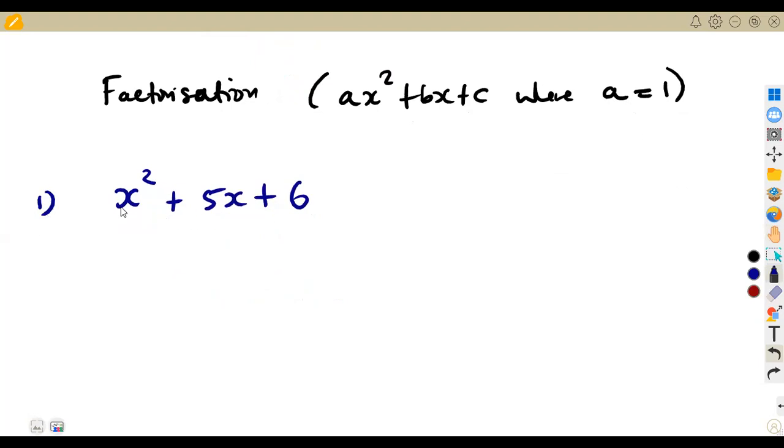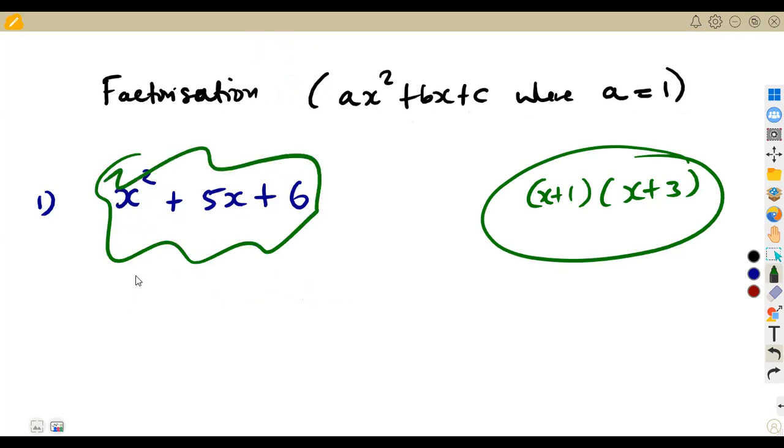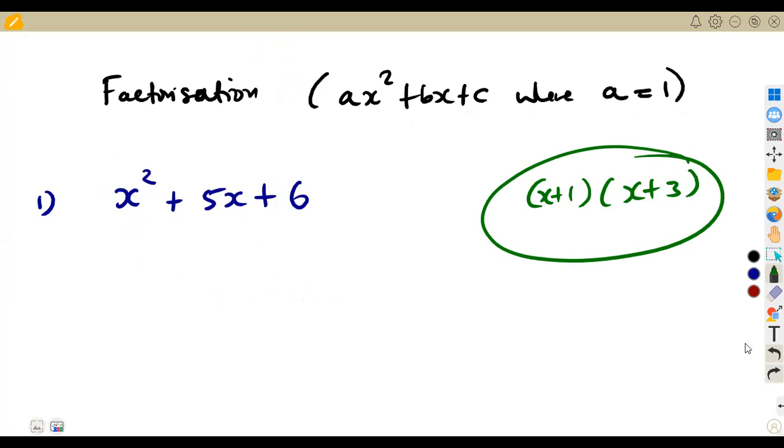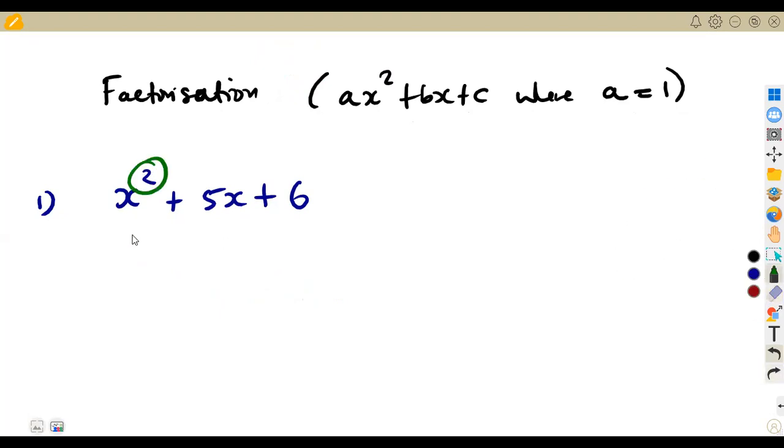Remember what we had previously on the expansion of brackets, where we were given two brackets, x plus 1 and x plus 3, and I expand these brackets to get a format of this nature. So to factorize, we are supposed to have two brackets at the end, because here we are considering a quadratic, the highest exponent being 2.